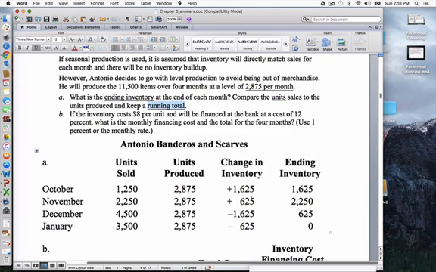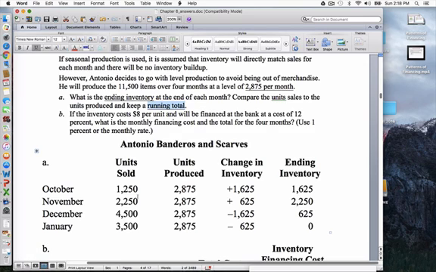That's going to be for November. Let's see, we have units sold from up here, we subtract that from units produced, and this is your change in inventory for November, and then you add this number to the previous month. That's the running total.